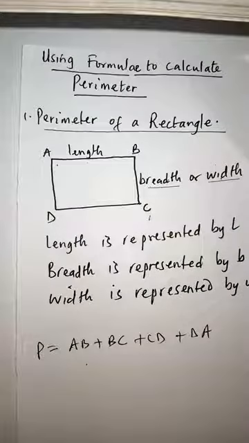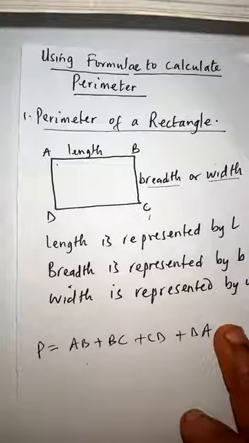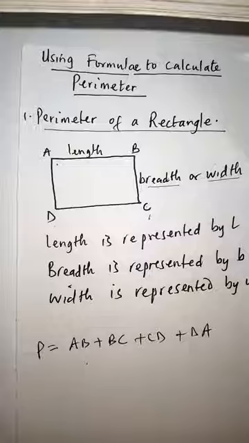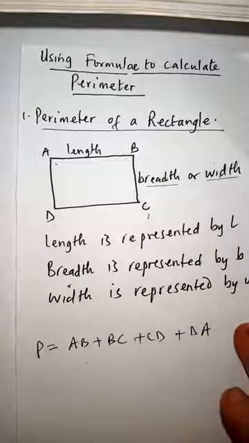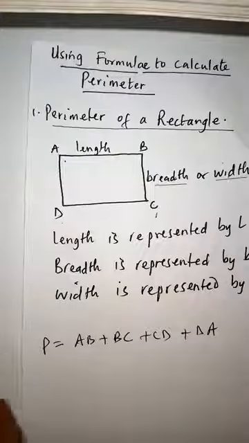But the formula is a little bit easier and simpler. It's straightforward. Now we shall try to bring out the formula for the perimeter of a rectangle.